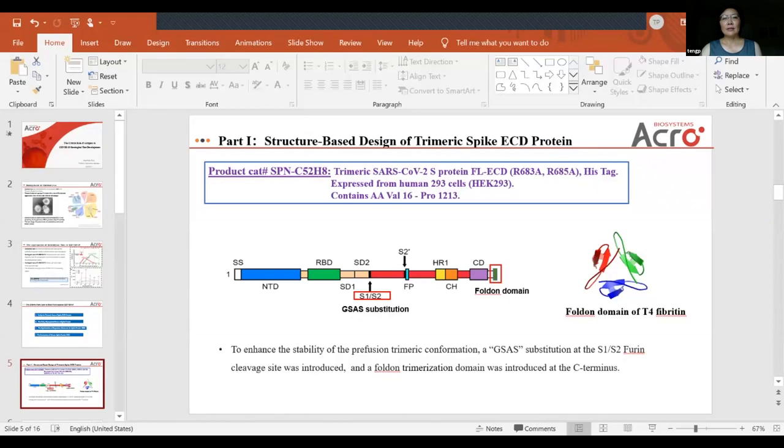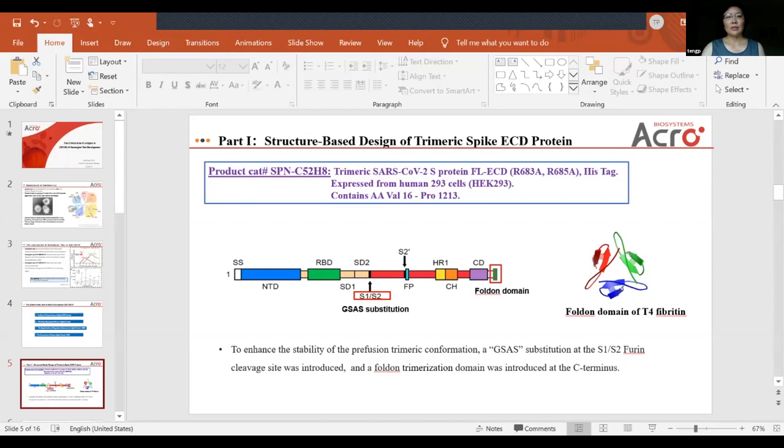And based on the structure, ACROBiosystems have designed the extracellular domain expression constructs specifically with all those elements, especially at the C terminus, adding the trimer motif of bacteriophage T4 fibritin to facilitate the trimerization, and also introduced some site mutagenesis at the region between the S1 and S2 subunits to try to remove the furin cleavage sites.